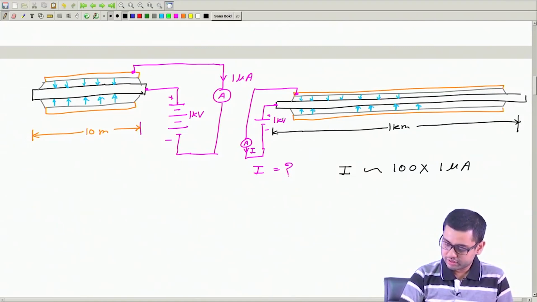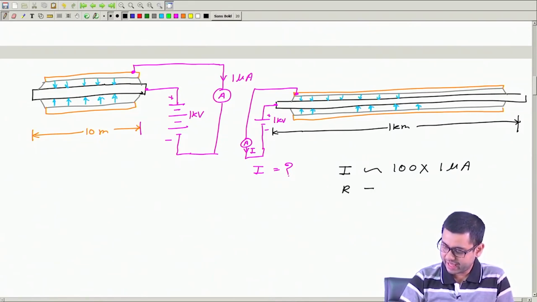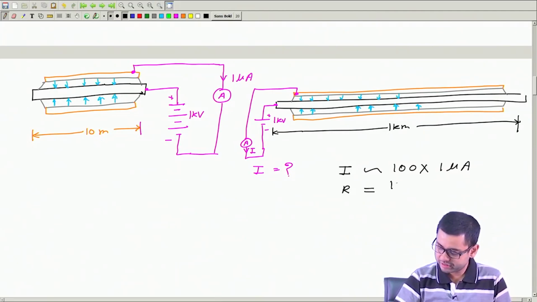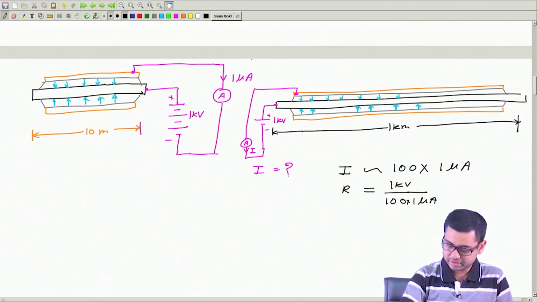So for this cable, therefore, we could have estimated the resistance as this voltage 1 kV divided by 100 times 1 microampere for this experiment. Okay.